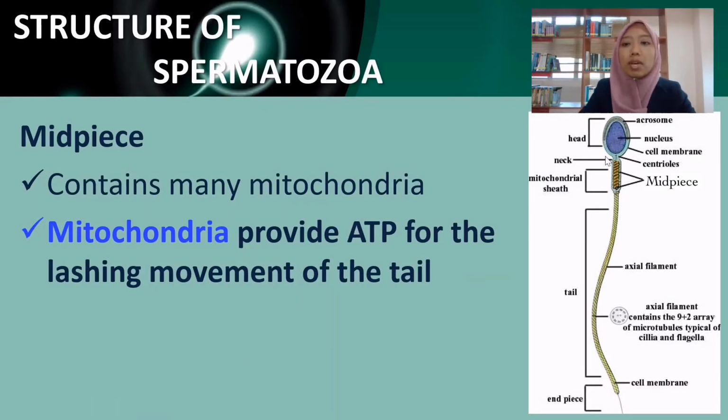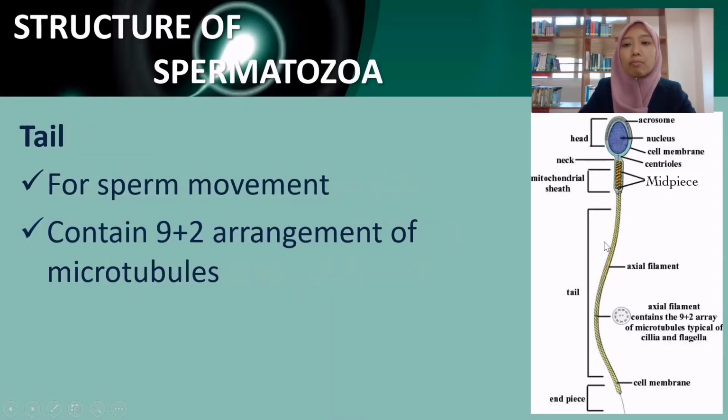It contains many mitochondria. Mitochondria provide ATP, so spermatozoa can move faster by beating the tail.